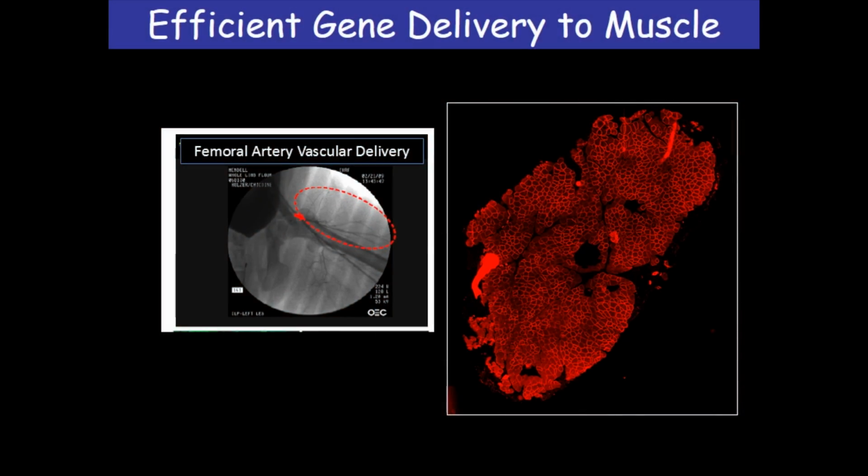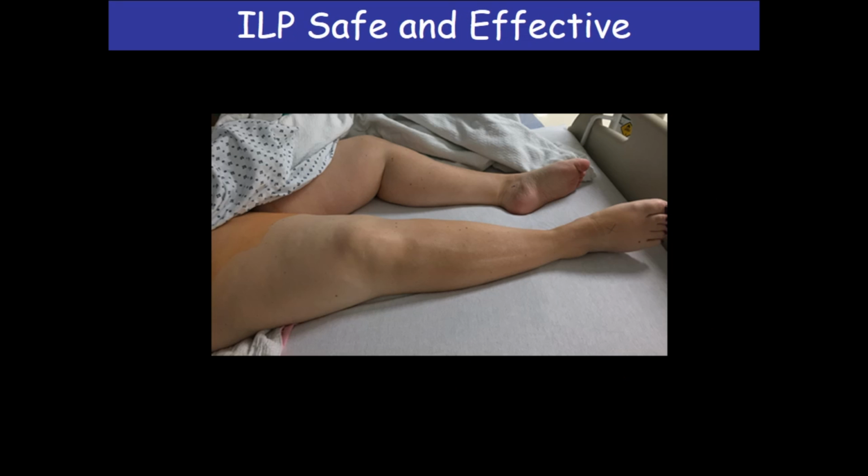And in this case, we had absolutely no complications, which was really a major breakthrough for gene delivery here. And here you can see this is the catheter that's in the femoral artery, and here's the degree of gene expression that we get from a muscle biopsy upon doing this. So we get very good gene delivery, very safe, and here's the patient's extremity post-gene delivery.